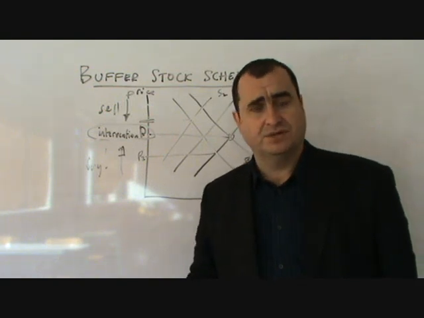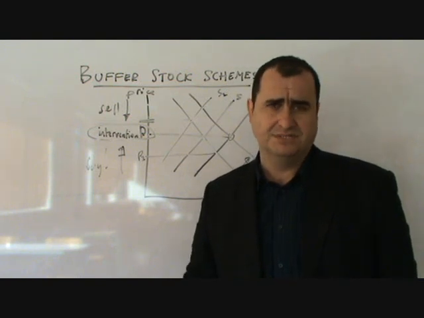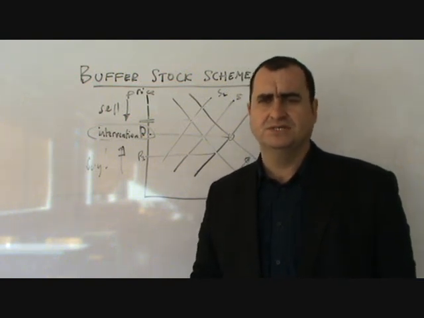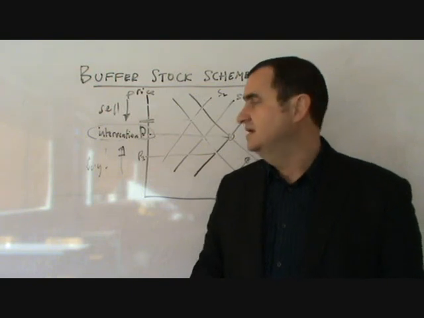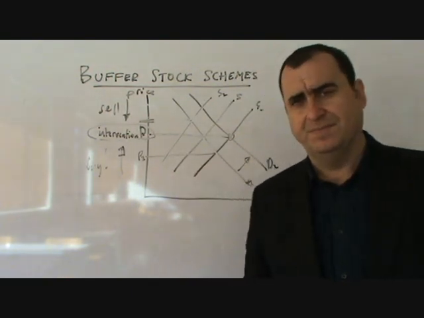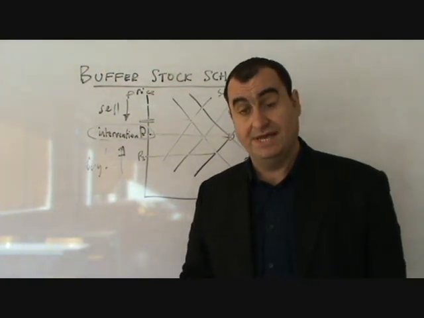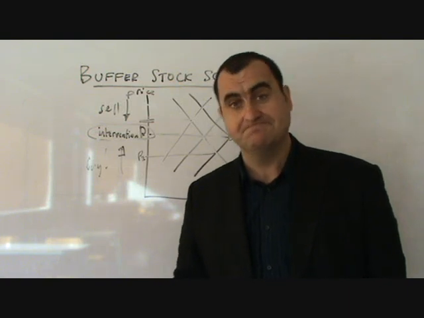And what happens then? The buffer stock agency collapses, and all their stores flood the market, and the price collapses again anyway. Very few buffer stock agencies have actually been successful in steadying the price over a long period of time. They fail for those three reasons. Okay, it's buffer stock agencies with their buffer stock schemes. Thank you.